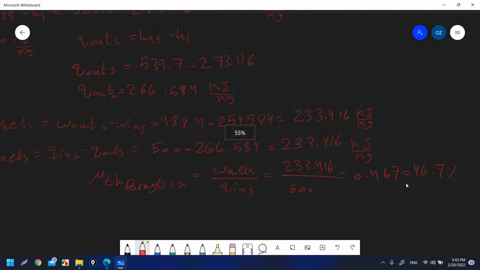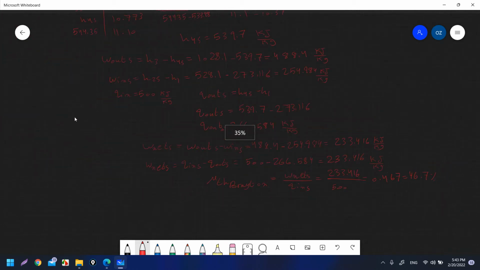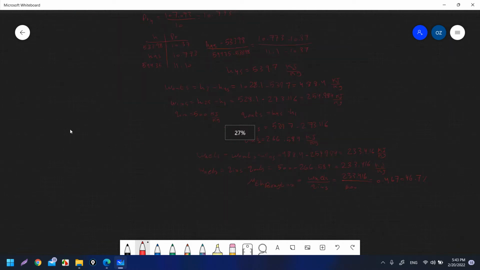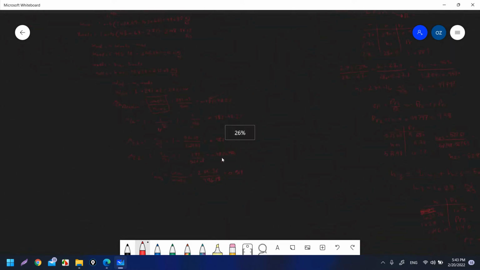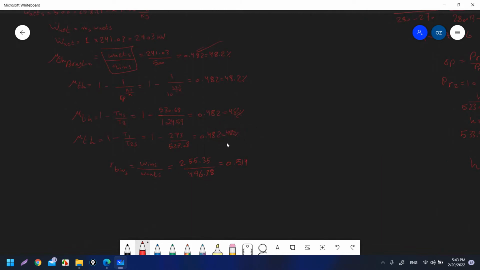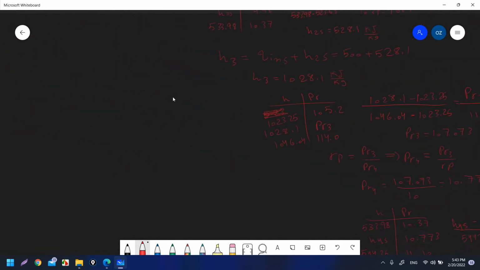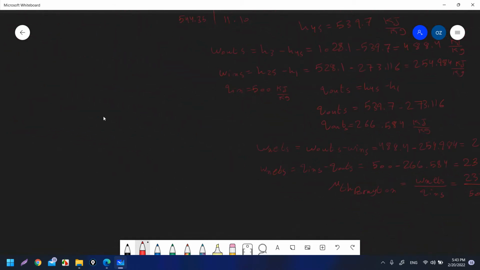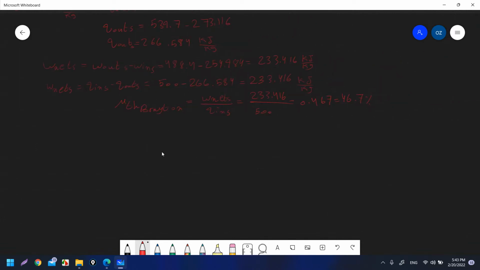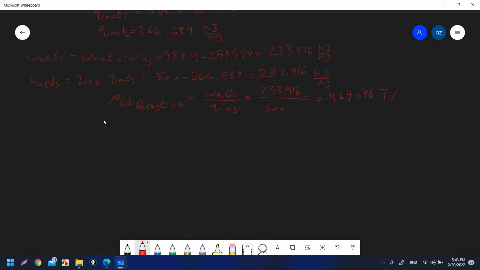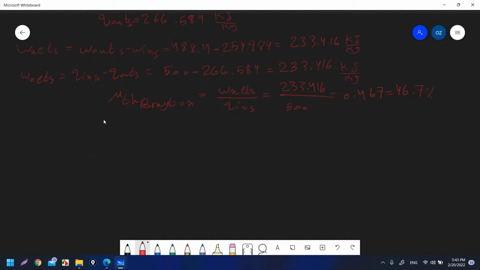As you can see, this one is 46.7%. When we found the efficiency for the closed one, it was 0.482. So in cold air standard assumption, it is predicted that the thermal efficiency will be higher than the variable specific heats assumption, because the variable specific heats is more accurate, but the constant specific heat has an error in positive.